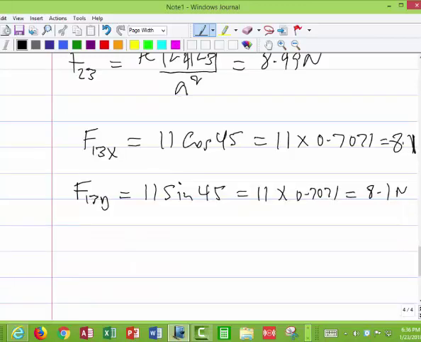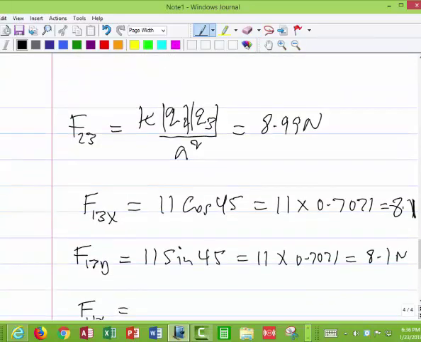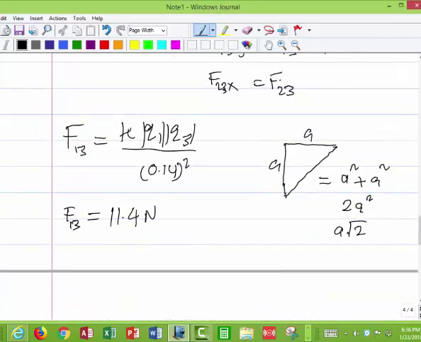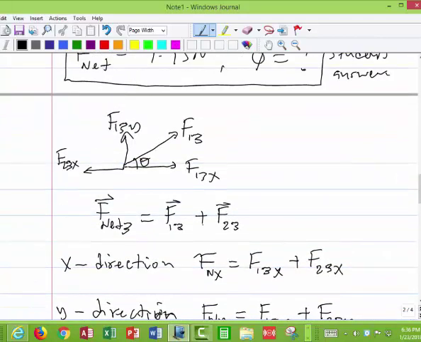So we've got the F13x, F13y. So the net force along x is equal to, sorry, not square root. So now we've done the forces, but look at the directions here. So F23x is negative, F13x is positive. So we're going to take the F13x and subtract F23x from it.